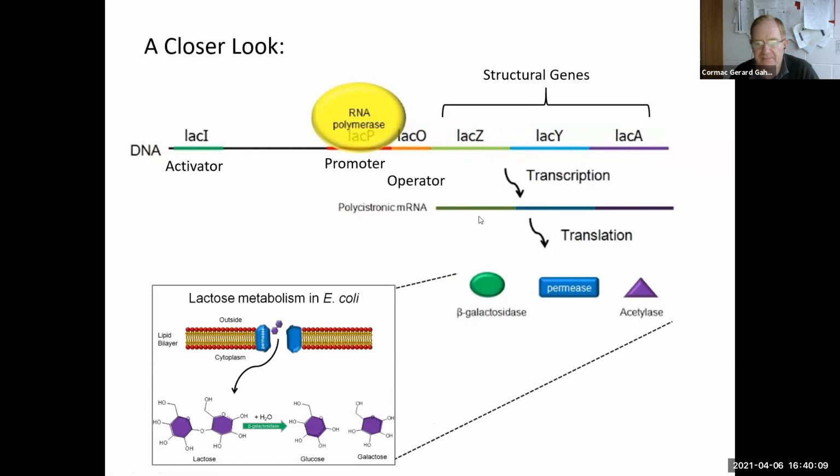The permease here is LacY, LacZ is the beta-galactosidase, and then there's another enzyme, we won't talk about that, acetylase, which is LacA. So when lactose is present, the cell wants to make all of these. It wants to transcribe it and make the proteins, and it does so by the RNA polymerase binding and making all of these components.